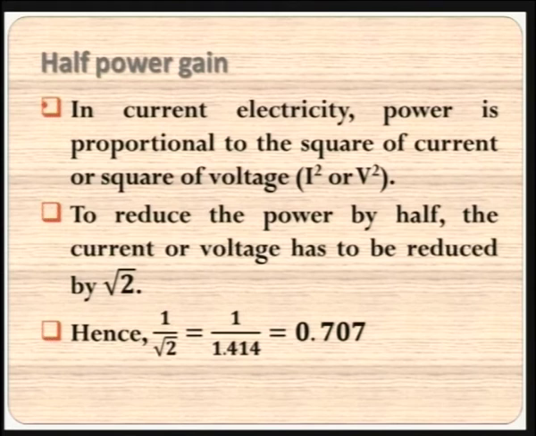So, 1 divided by root 2 is shown here as a value, which is numerically equal to 0.707. So, that is why we take the half power gain line at a value of gain which is reduced by root 2. It is divided by root 2.